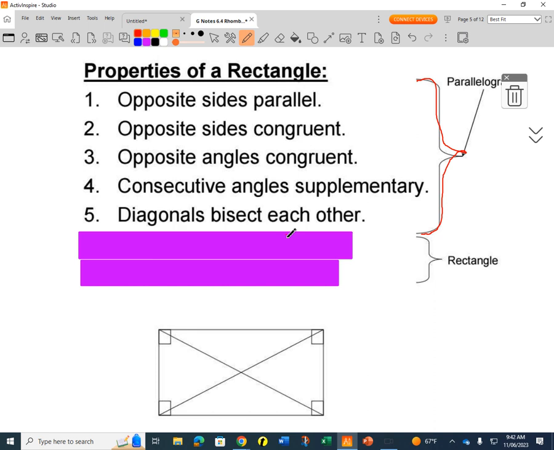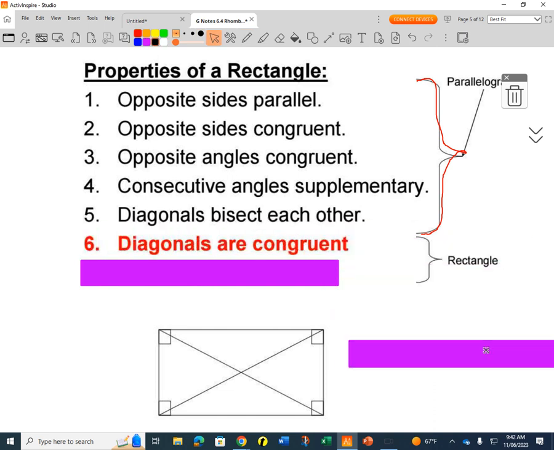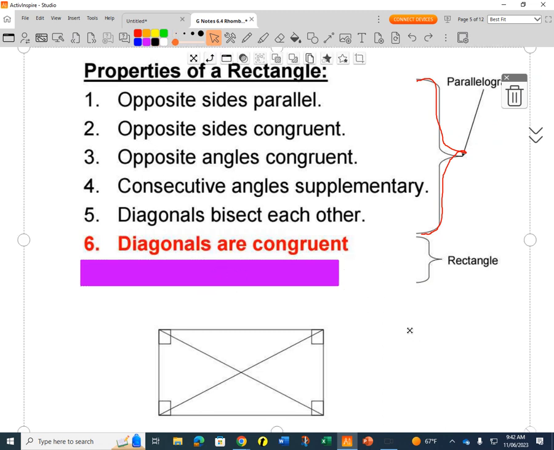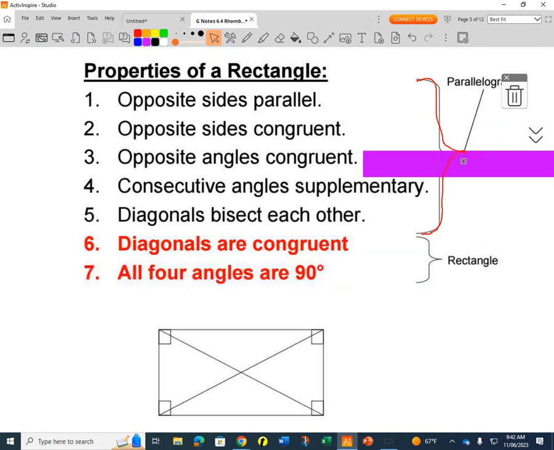The two that are unique to a rectangle: the diagonals of a rectangle are congruent, and all four angles are 90 degrees.